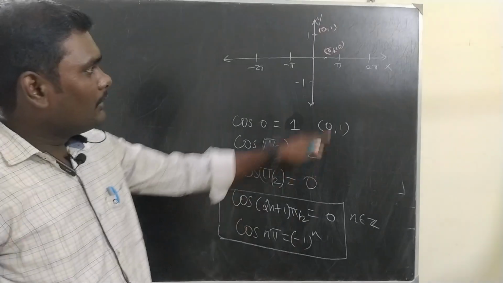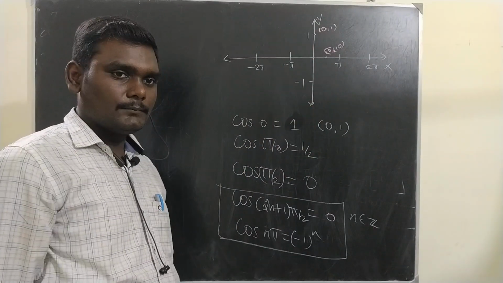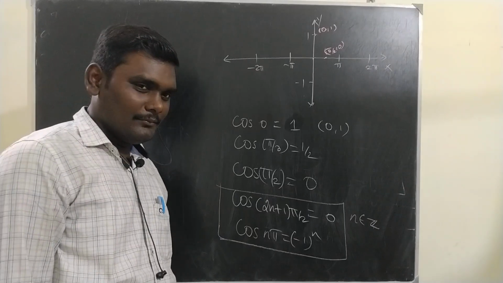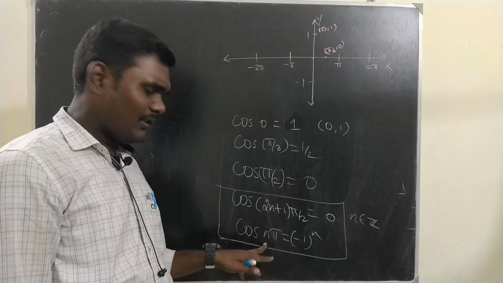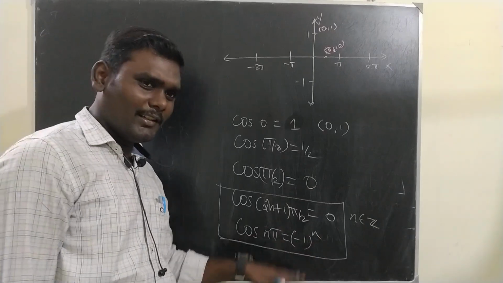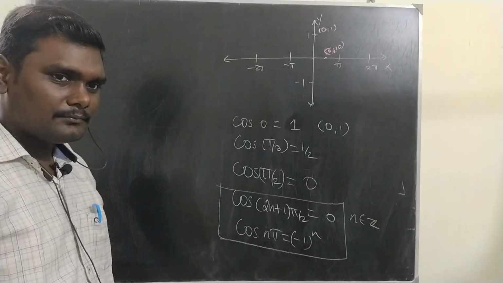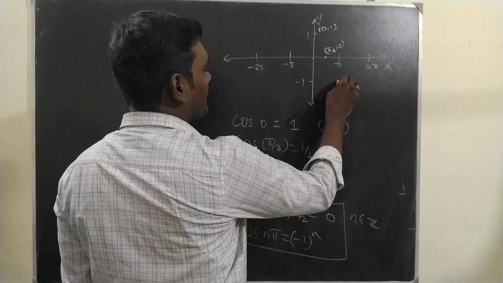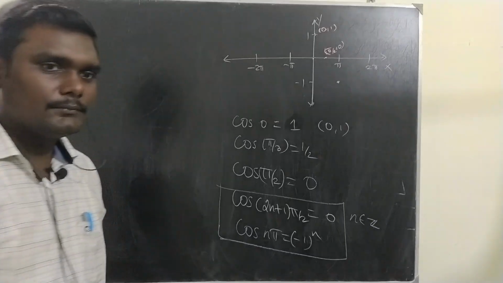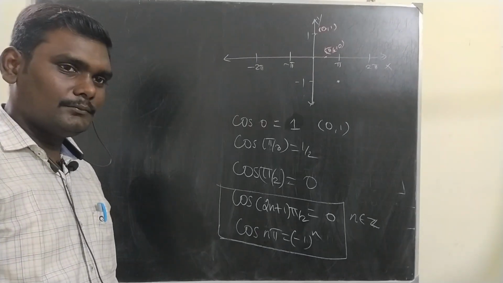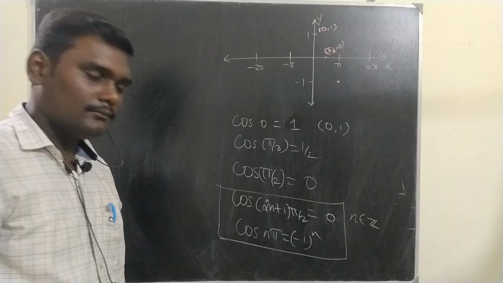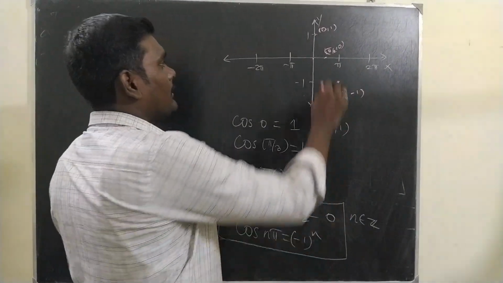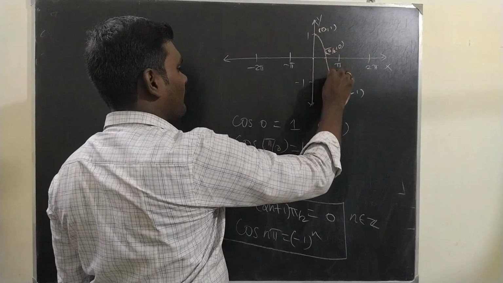And then cos pi: by the formula cos n pi is (minus 1) power n, so cos pi is minus 1. So this point is pi comma minus 1. So this is how the graph flows.